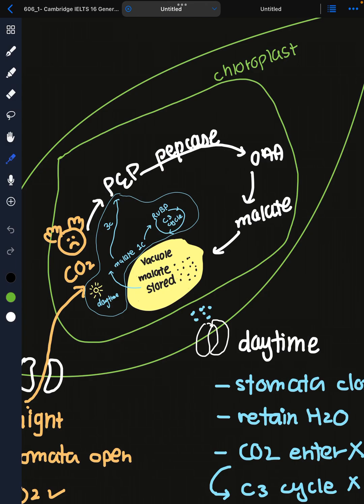So the process is somewhat the same if we compare the C4 cycle and CAM plants. But the difference is that they store their carbon dioxide.